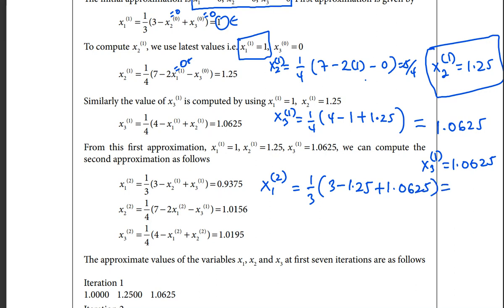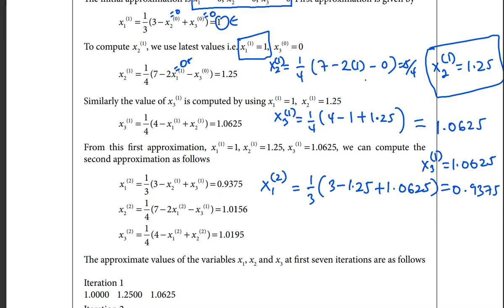So let's see what you're going to get. You have 1 over 3 multiplying 3 minus 1.25 plus 1.0625. This will give us a value of 0.9375.